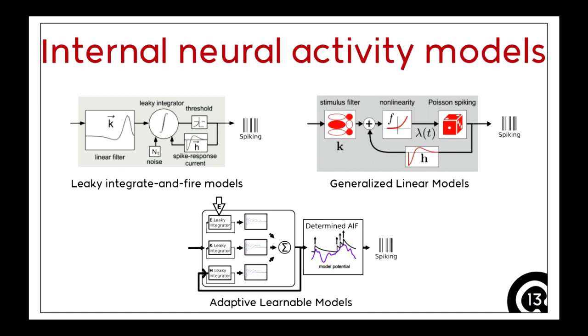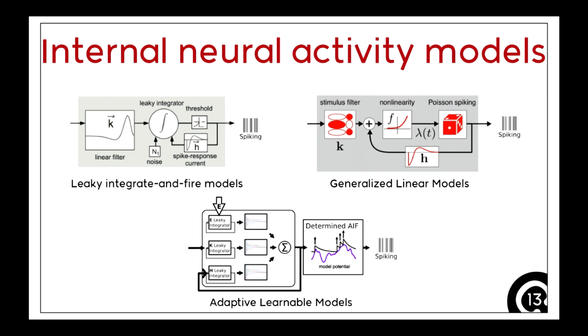This is basically not a learnable system. It is a system that we feed by hand with parameters to get the dynamics that we want, maybe bursting dynamics or single spike dynamics, different kinds.